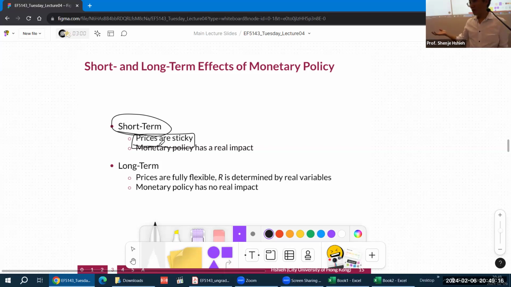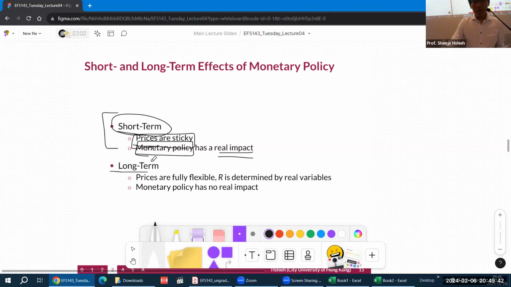And so prices don't move. They're insensitive to changes in money supply in the short term. And it's only in the short term that monetary policy has bite, a real impact. The critics of Keynesian economics say that if you assume that prices are fully flexible, then monetary policy doesn't matter, as you will see.